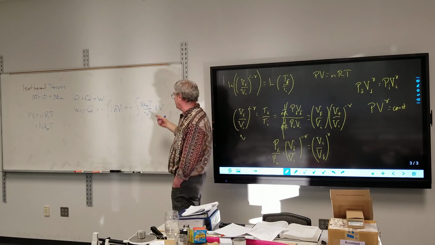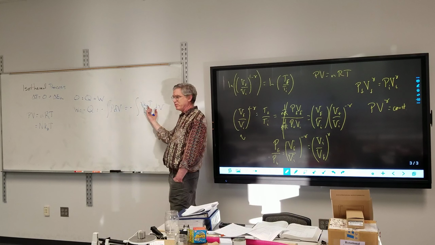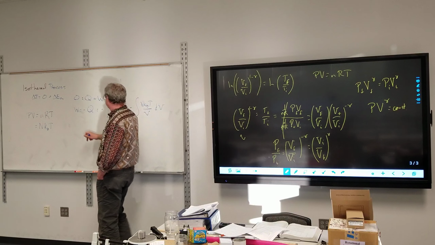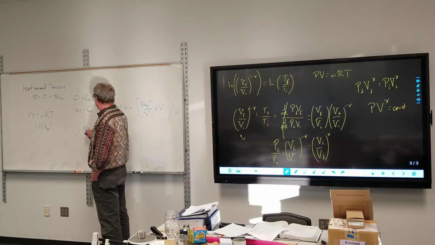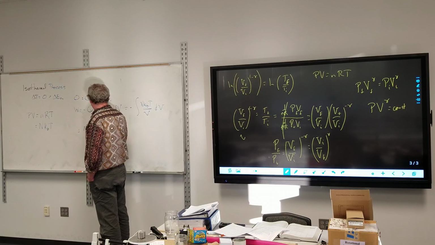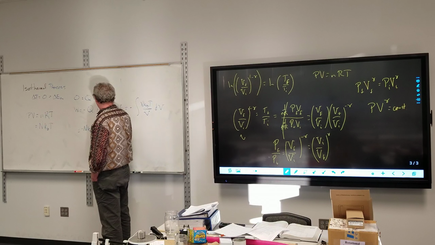Temperature's not changing, so obviously the temperature's a constant, it can come out. N kB T, integral of the negative dV over V.